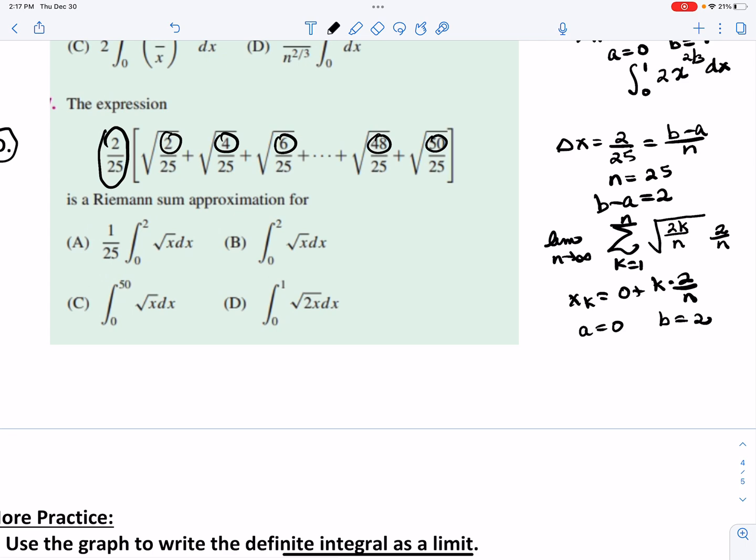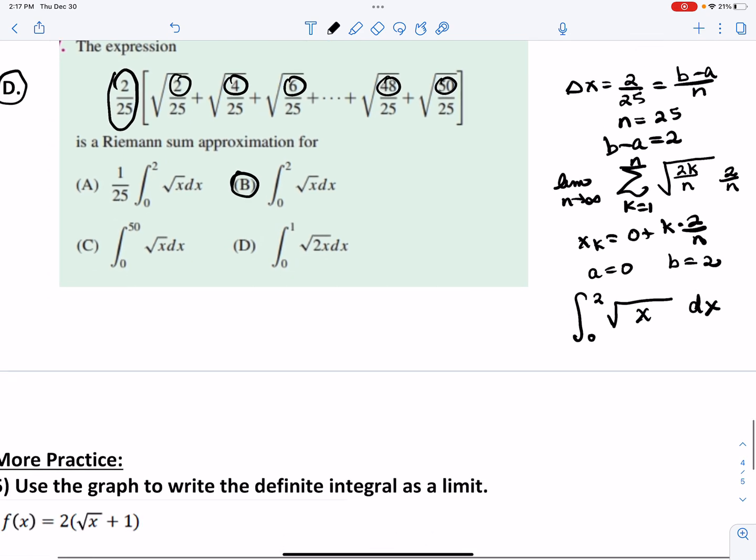We are square rooting x sub k. So the definite integral would be from 0 to 2 of the square root of x dx. All right, that one was a hard one. That one, I admit, was very hard. The 2/25 could throw you off, but just go with it, because sometimes they give us a variable for n.